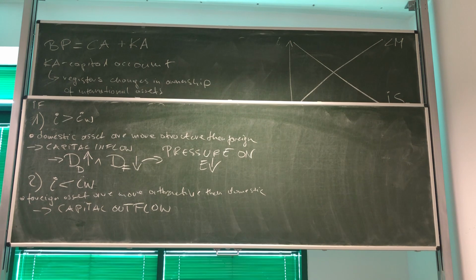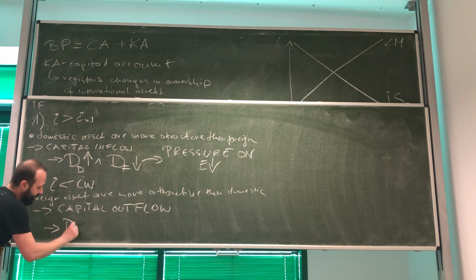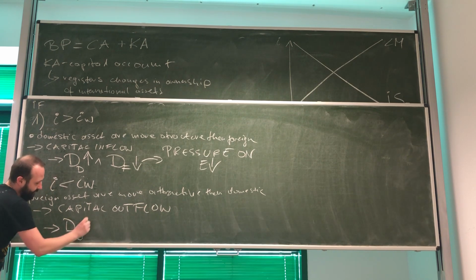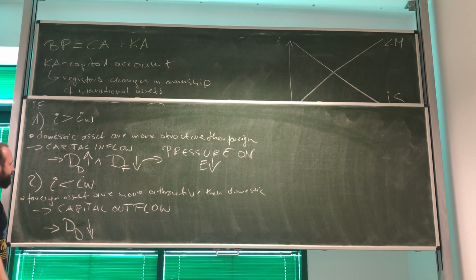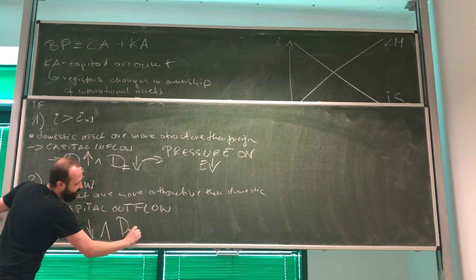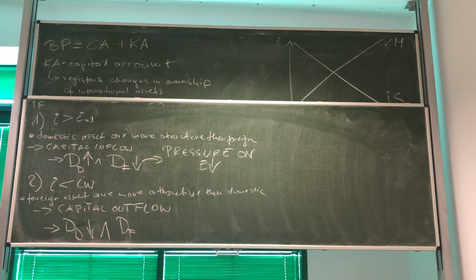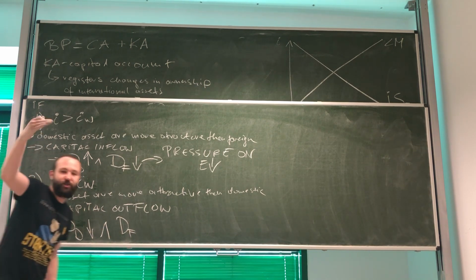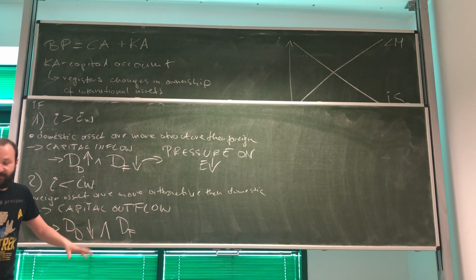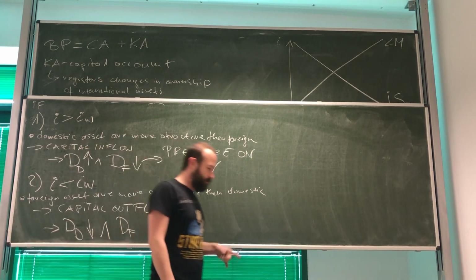And look, if now our residents don't want to hold our bonds, and foreign residents don't want to hold our bonds, the demand for domestic currency is going down, and demand for foreign currency goes up, because if we want to buy a foreign bond, we first need to purchase, of course, foreign currency. This is very important.